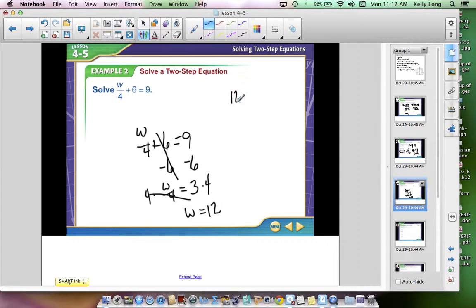Plug that back in. 12 divided by 4 plus 6, does that equal 9? Well, 12 divided by 4 is 3, and 3 plus 6 does equal 9, so I know that my problem has checked and I have worked it correctly.